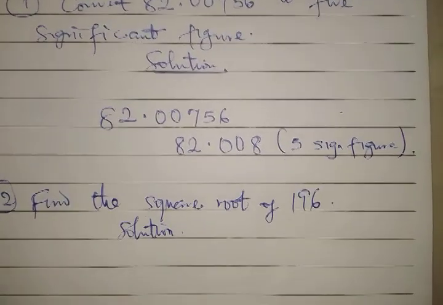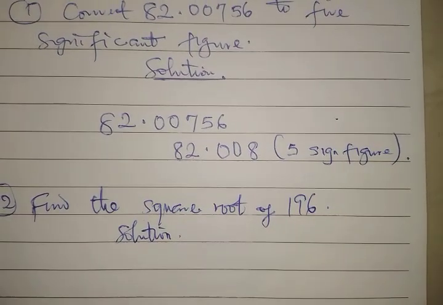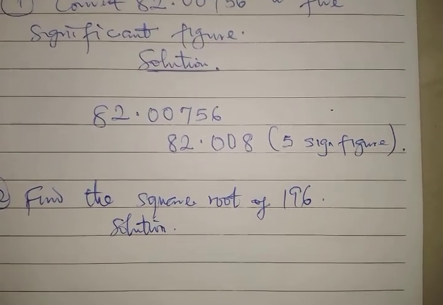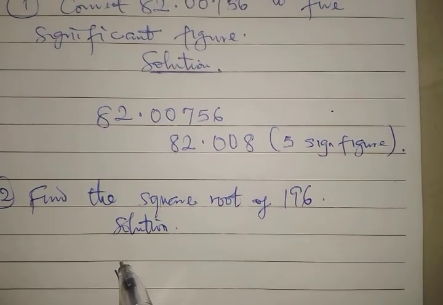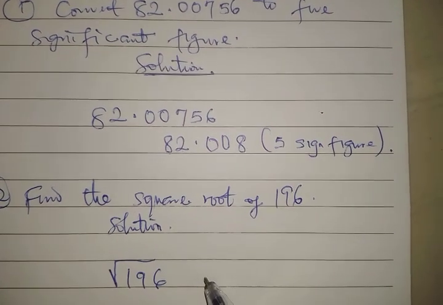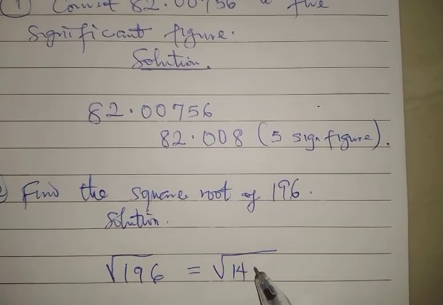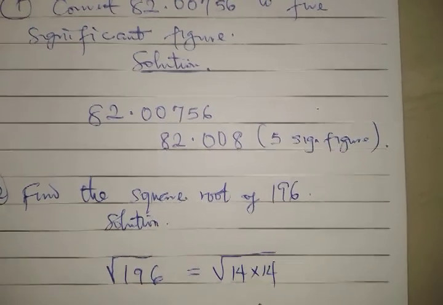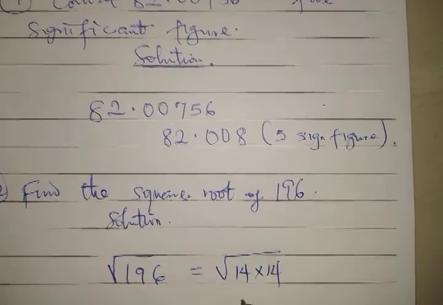And the second question, we have find the square root of 196. And what do you do in this case? You have to look for 2 numbers that will multiply itself to give you 196. Put 196 here, right? And then look for 2 numbers that will give you 196. In this case, it is 14. 14 multiplied by 14, you have 196.